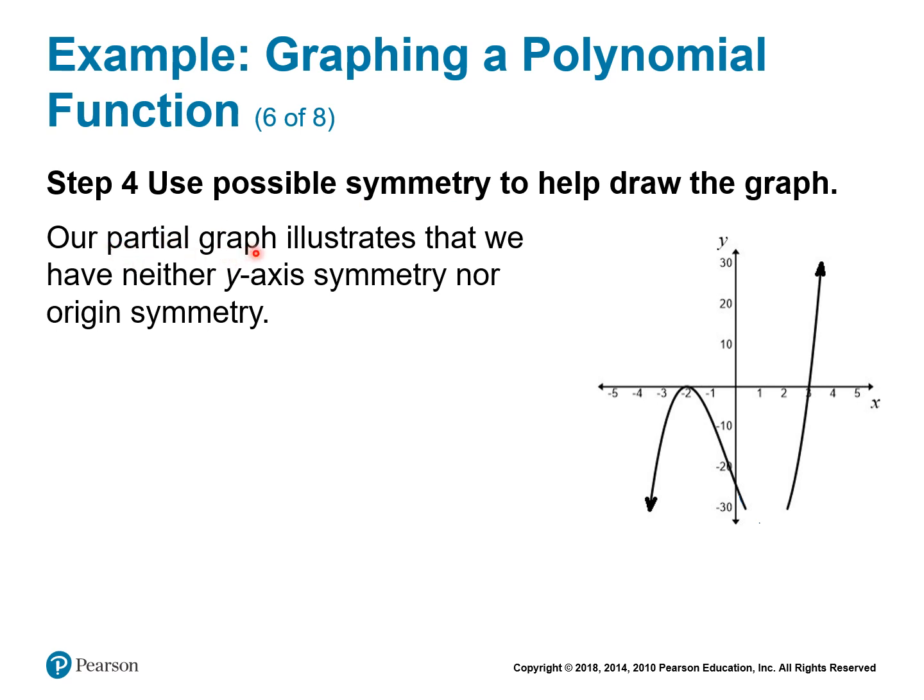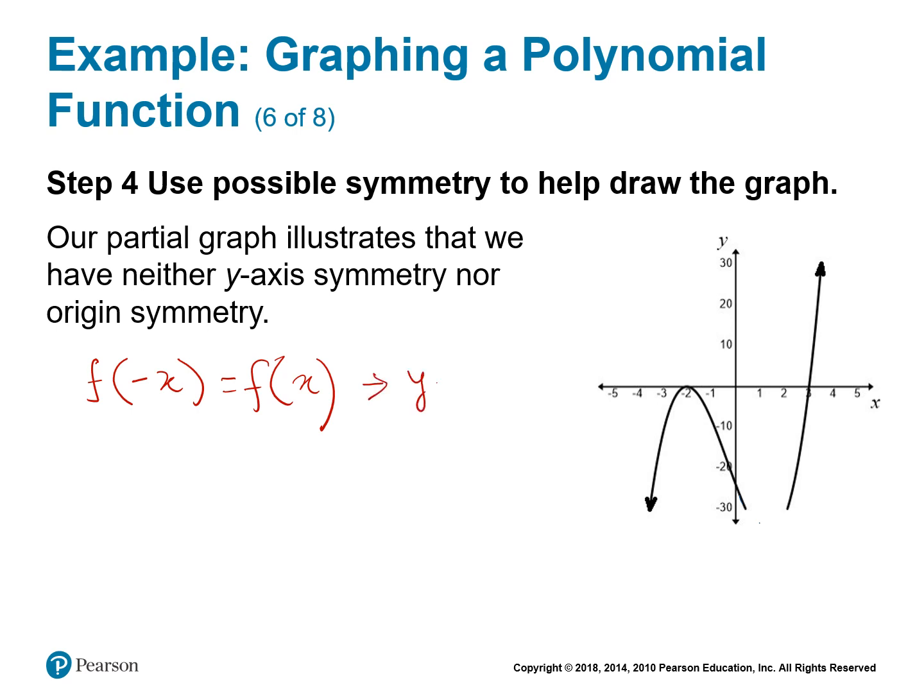Our partial graph illustrates that we have neither y-axis symmetry nor origin symmetry. How do we figure out the symmetry? If f of negative x equals f of x, let me write that down, then it's symmetrical about the y-axis.